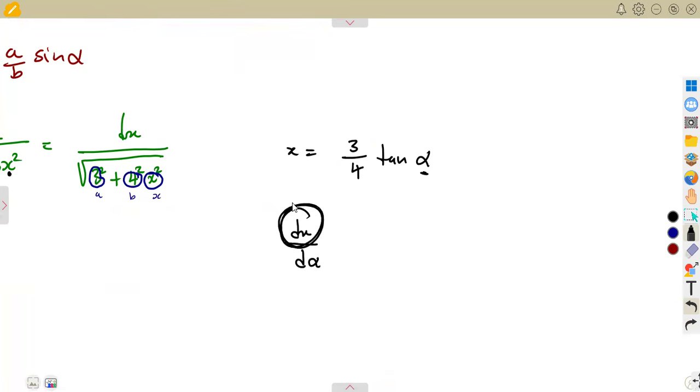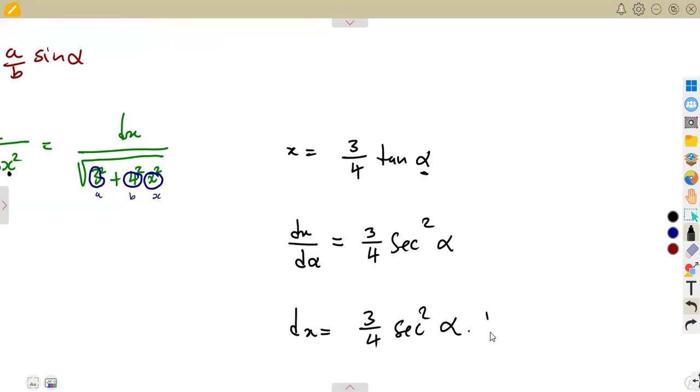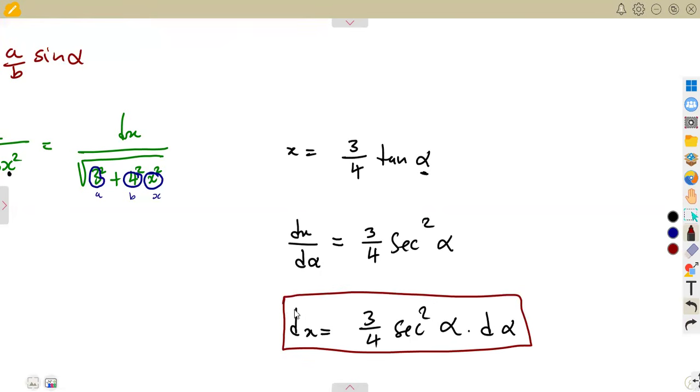In order to express dx in terms of d alpha, we must have the derivative of x with respect to alpha. Remember these are your integrals. Tan does not change; the derivative is sec squared, so it's going to be sec squared alpha. So we can express dx in terms of d alpha, that is, make dx the subject. So dx is equal to what? Just cross multiply. That will be 3 over 4 sec squared alpha times d alpha. So this is dx in terms of d alpha.